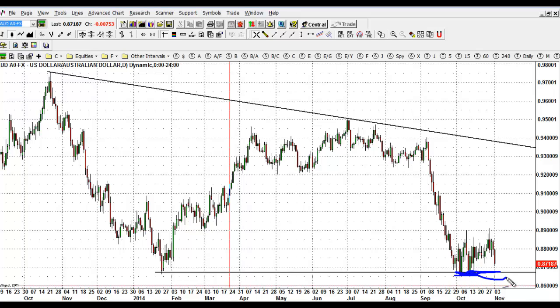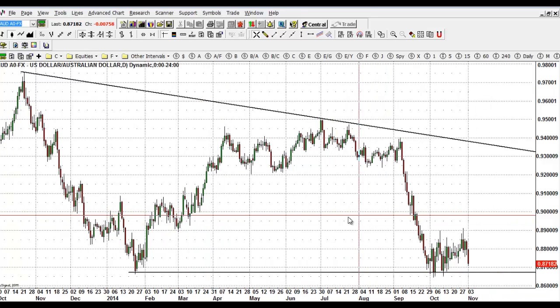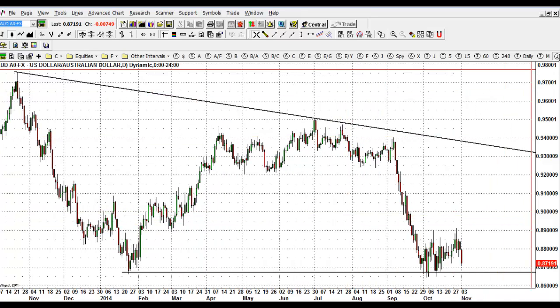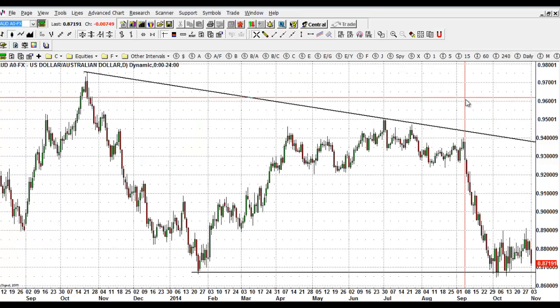So the market is trying to break support near 86, and it's coming down here Monday morning. It's currently at 87.18. So this week, we're going to see if the sellers have the energy to break this support area near the 86 level. So that's what we're looking for in the Australian dollar.